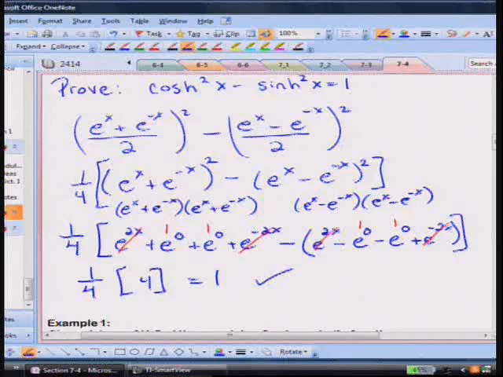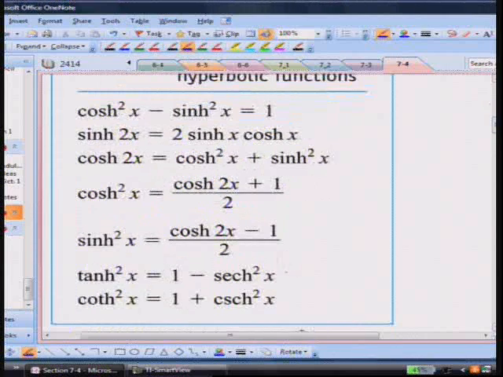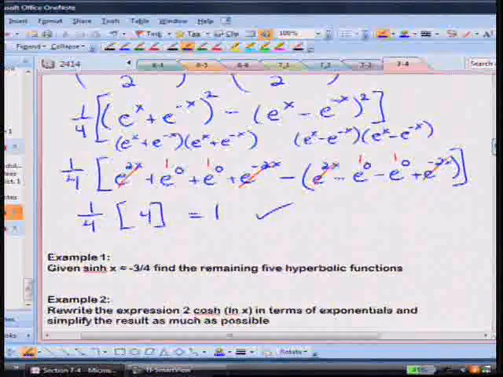Okay? And remember there were children of, I call them children of Big Daddy, sine squared x plus cosine squared x. You could derive these. On these, to get the hyperbolic tangent squared x equals 1 minus hyperbolic secant squared x, you would not have to go through the definition to do that.